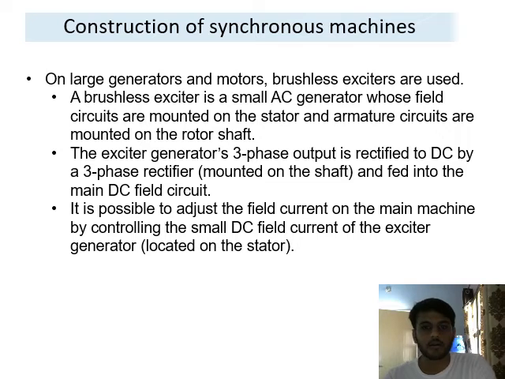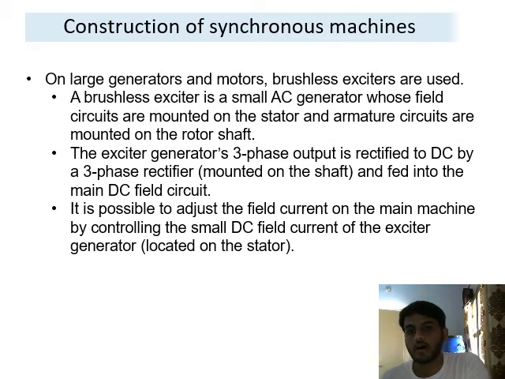Then, on large generators and motors, brushless exciters are used, because in large generators and motors we have to face a sparking problem. If the machine is smaller in size, the sparking will also be smaller, but if the machine size is increased, the sparking problem will be hazardous for us.